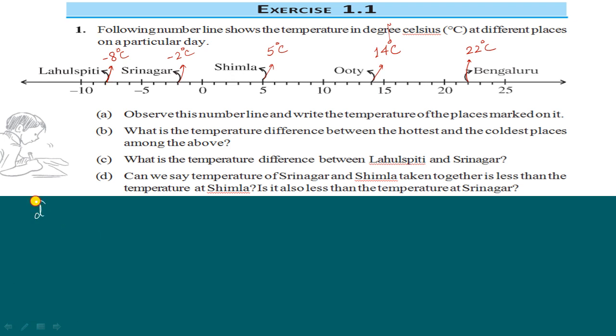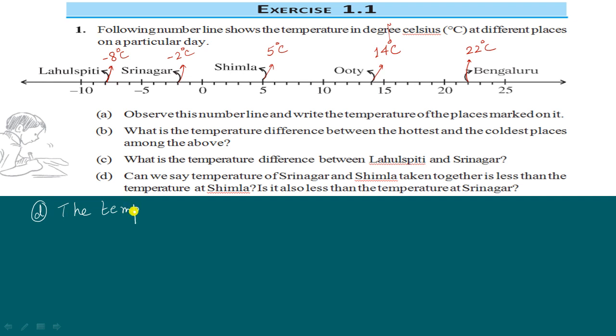Now we'll solve question number D. Now see what is question number D. Question number D is, can you say temperature of Srinagar and Simla taken together is less than the temperature at Simla? First we will find the temperature of Srinagar and Simla taken together.